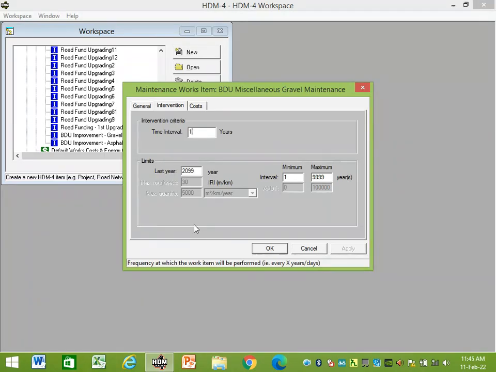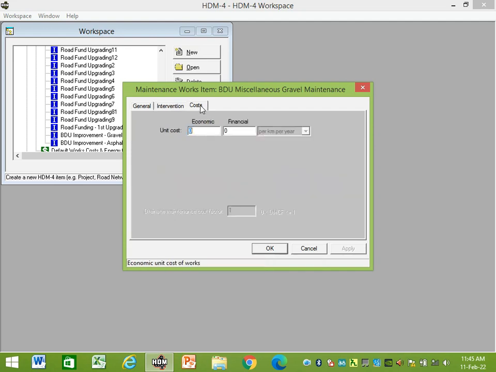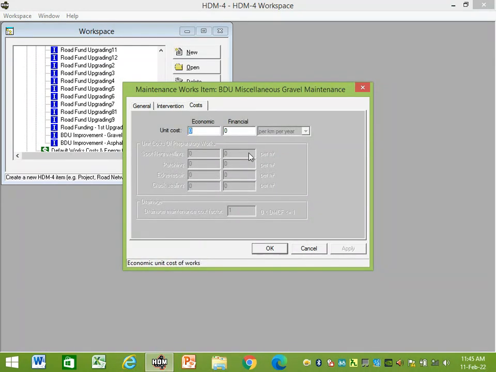So the interval is every year; the maintenance will be every year. If you want every 2 years, you can put it there, but every year. Limits, you can leave the rest, don't worry about it. Only this one, interval, time interval, every year. So leave it as it is.